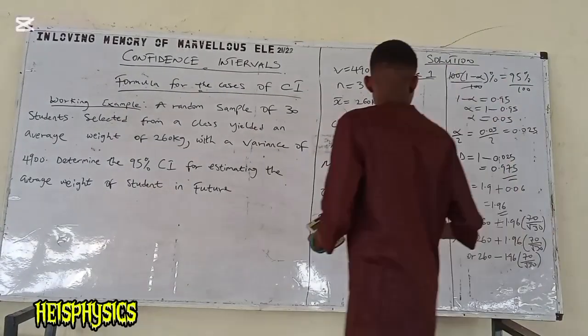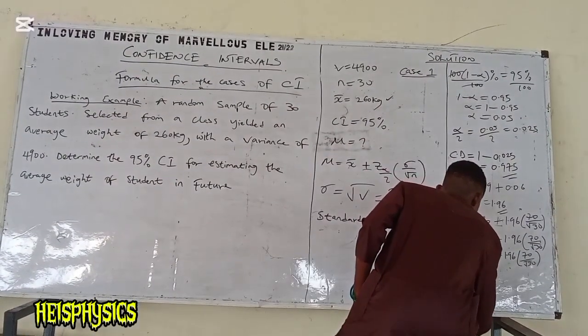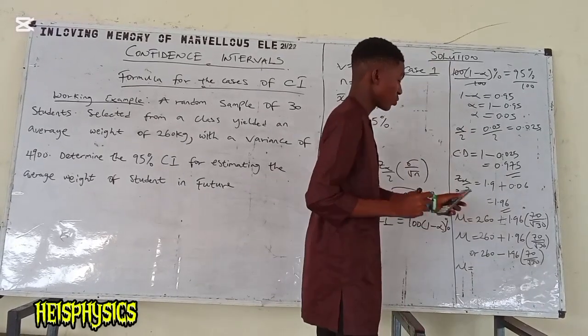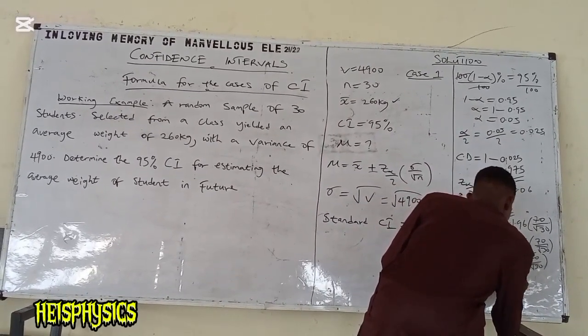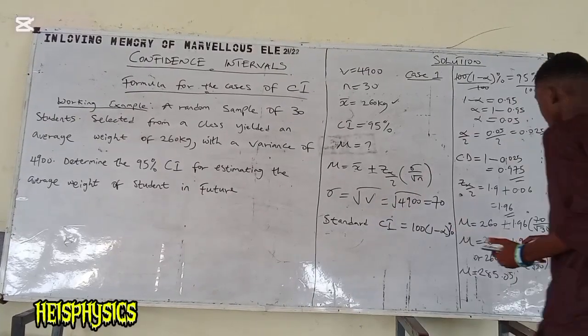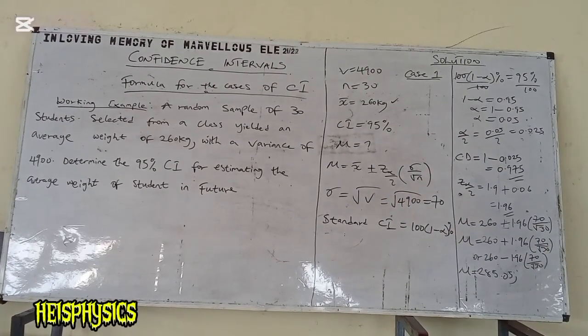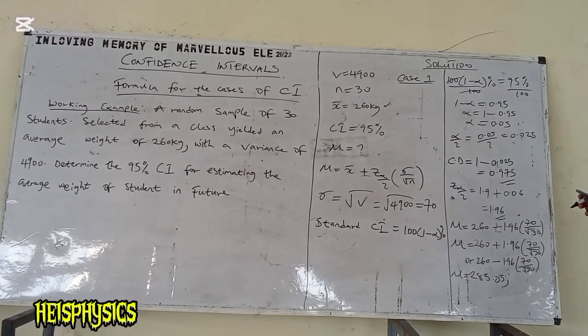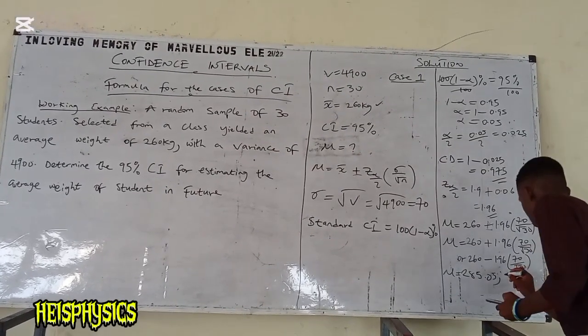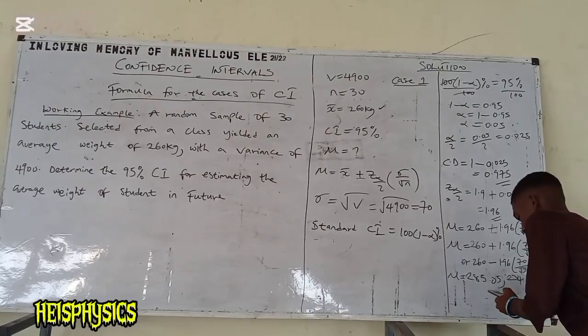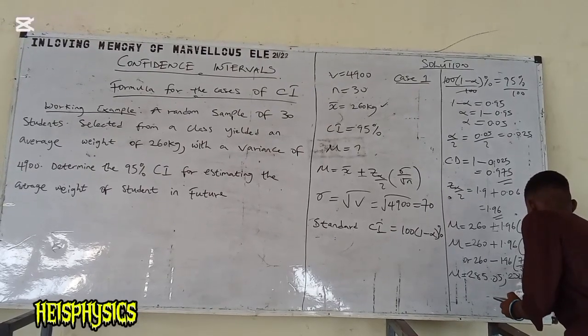So now, meaning for me, I can say our mean is all this first. We get 285.05, comma, 234.95.